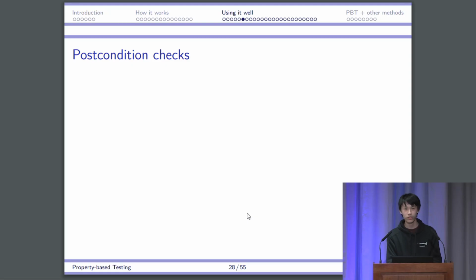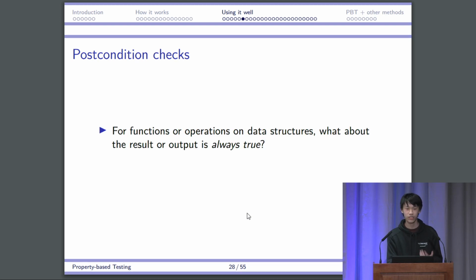There are also postcondition checks. Postcondition checks are kind of like a continuation: for functions or operations on data structures, what about the result or output of the function is always true. Like I said, it's like an extension of sanity checks, and we'll go into an example.